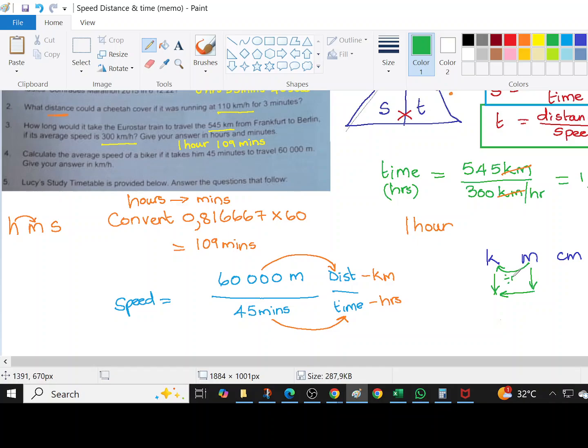So you're going to divide by what? Now we know that this one is divided by 10. This one is divided by 100. This one is divided by 1,000.